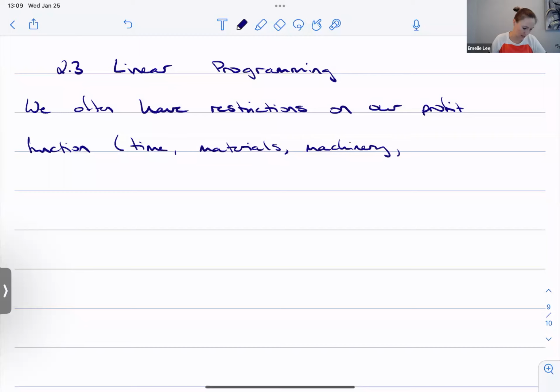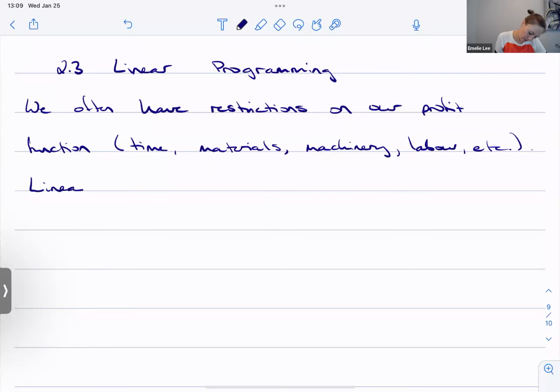Labor, etc. You can't work your laborers for 24 hours, you just can't. So even though in theory you have this labor, you have some restrictions on it.